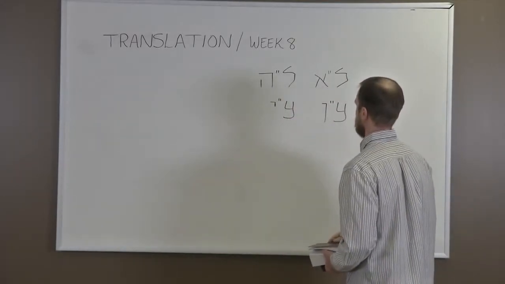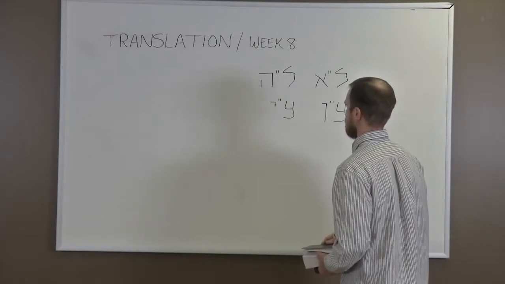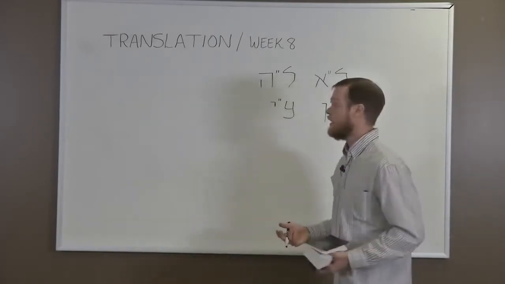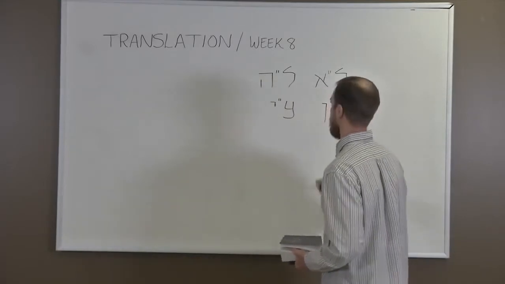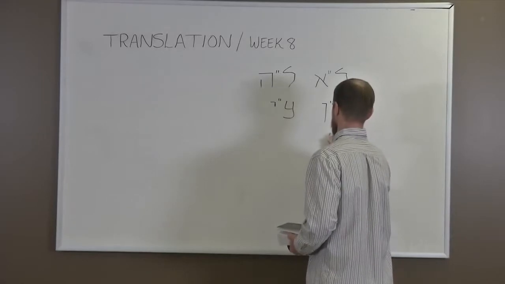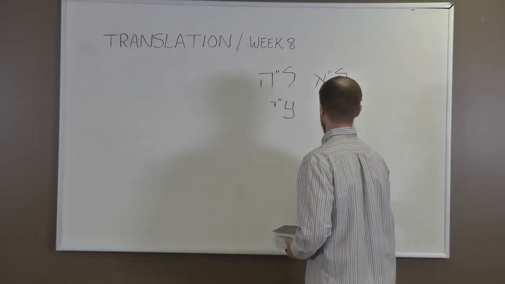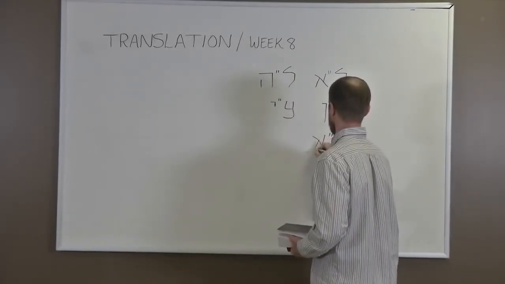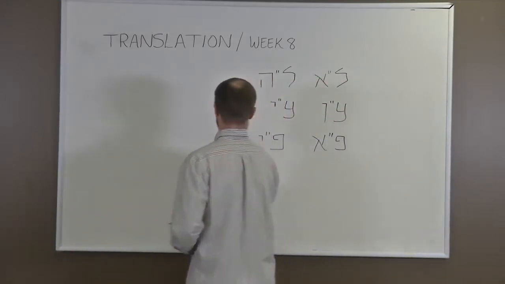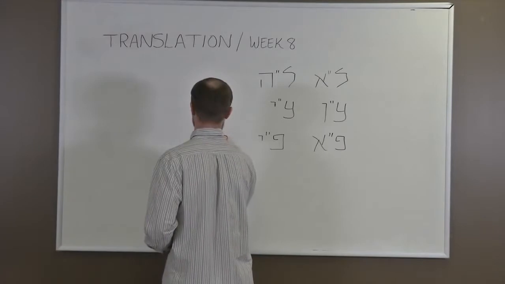The other ones I want to mention so that you know they exist are the pe gizrot, where the first radical is a particular letter. Those are pe aleph, pe yod, and pe nun.